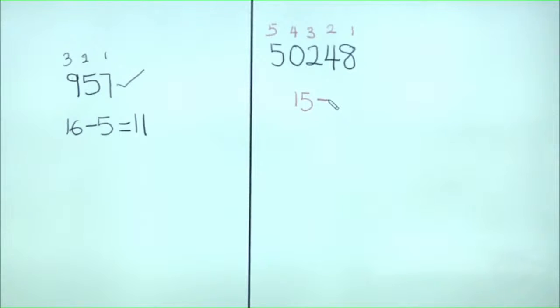Minus, let's add all the digits at the even place. We have 4 and then 0. So 4 plus 0 is 4. Good. Now what is the difference? 15 minus 4 is 11.